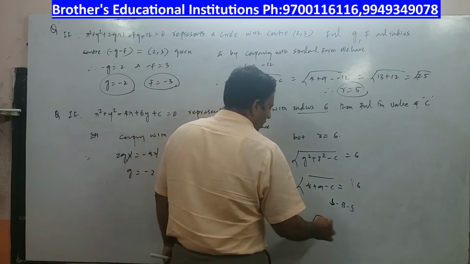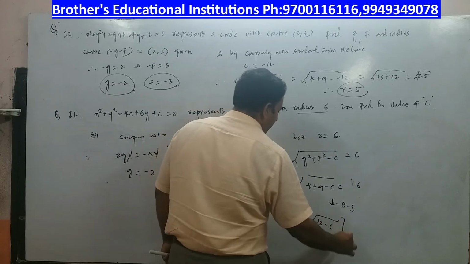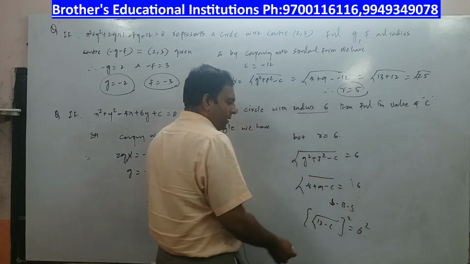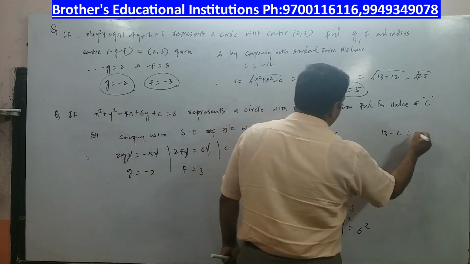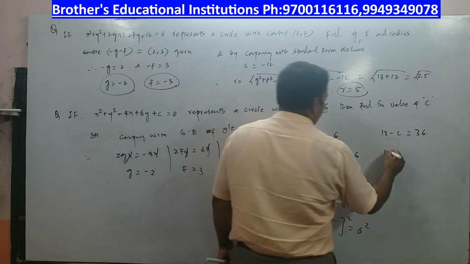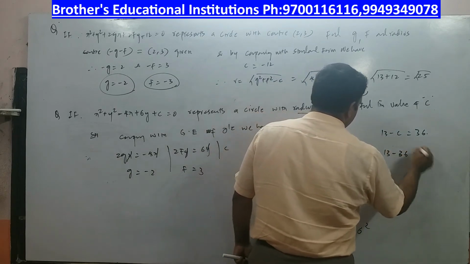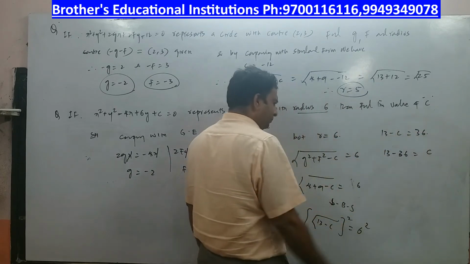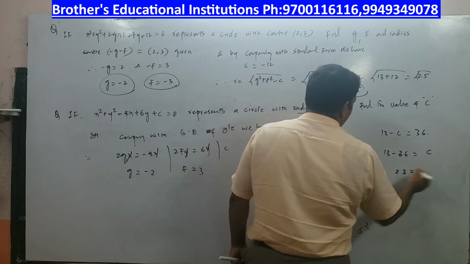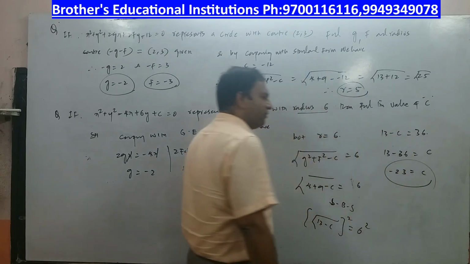So it will be root of 9 plus 4 is 13 minus c whole square is equal to 6 square. Square root will be cancelled. You are left with 13 minus c is equal to 6 square, 36. So now 13 minus 36, minus c will go to the other side, c. So the answer is 23 with a minus sign. So what is the value of c?